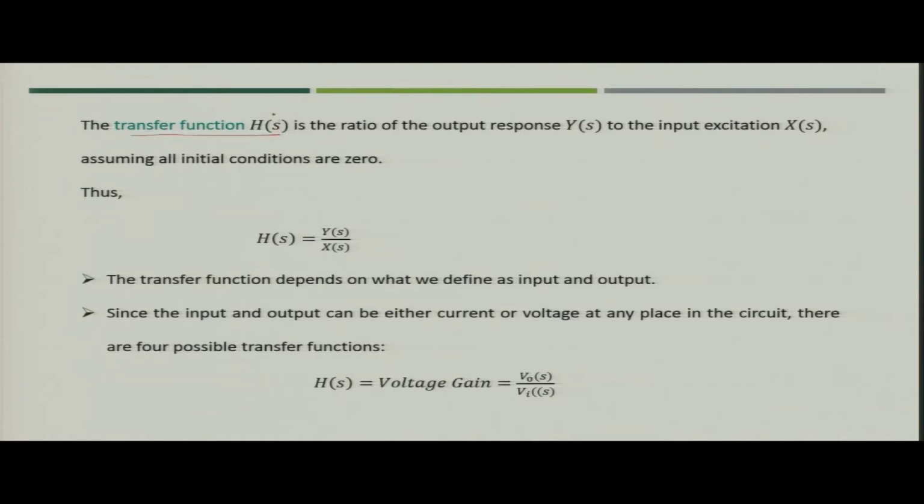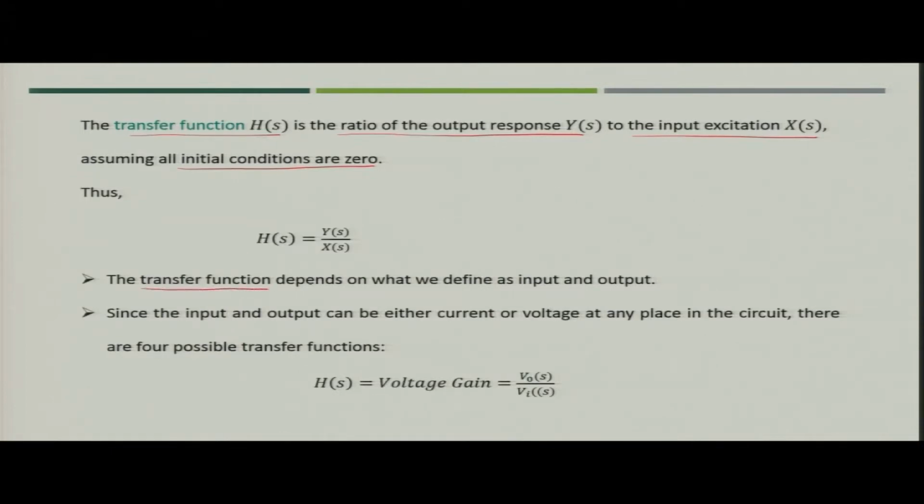We generally call it H(s), which is nothing but the ratio of output response to input excitation with all initial conditions as 0. So you can represent the transfer function H(s) as Y(s), the output response, divided by the input excitation, that is X(s).